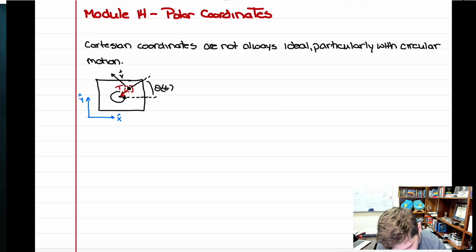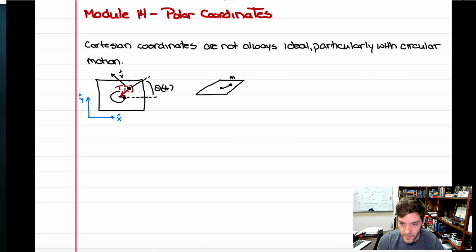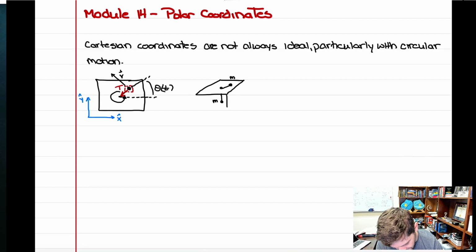So the motivation is something kind of similar, that maybe I want to analyze this. There's a little hole in the center of this table, and there's a string with a bob of mass m. This string then goes through the hole and is attached to another m that just dangles vertically in the middle of the table.